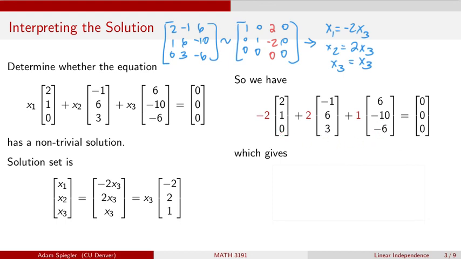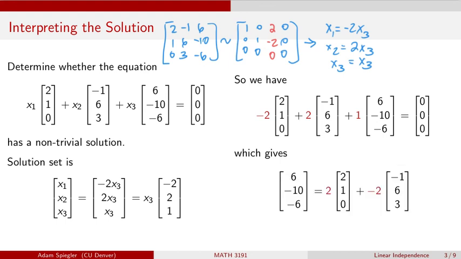It means I can take one of these column vectors, for example the last one, and express it as a linear combination of the other two. Bringing this to the other side and dividing by -1 gives us the relation that the vector (6, -10, -6) can be written as a linear combination of the other two column vectors, (2, 1, 0) and (-1, 6, 3).